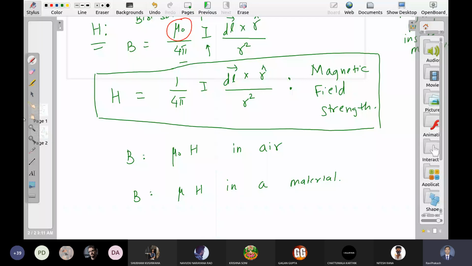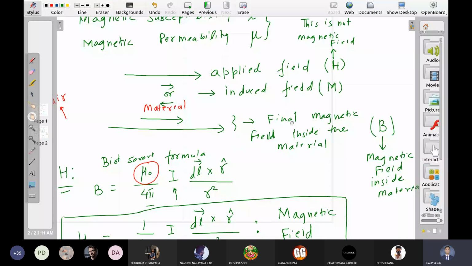What about M? Obviously M is always in some material because it is the induced field. What about B? B is the final field now. What is the connection between all these quantities?